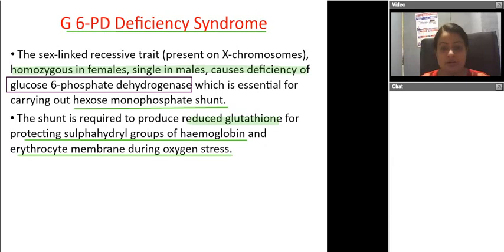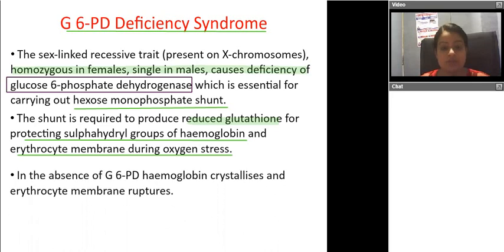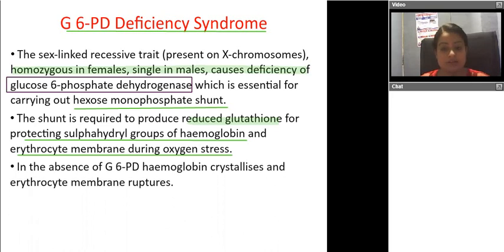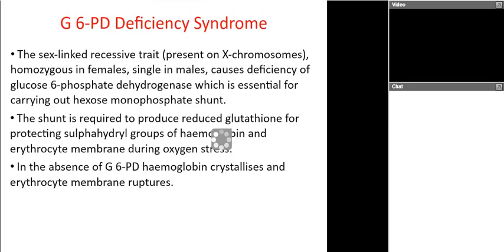During oxidative stress the erythrocyte membrane ruptures. In absence of G6PD, hemoglobin crystallizes. So G6PD deficiency is an X-linked disorder characterized by red blood cell hemolysis after exposure to oxidative drugs.